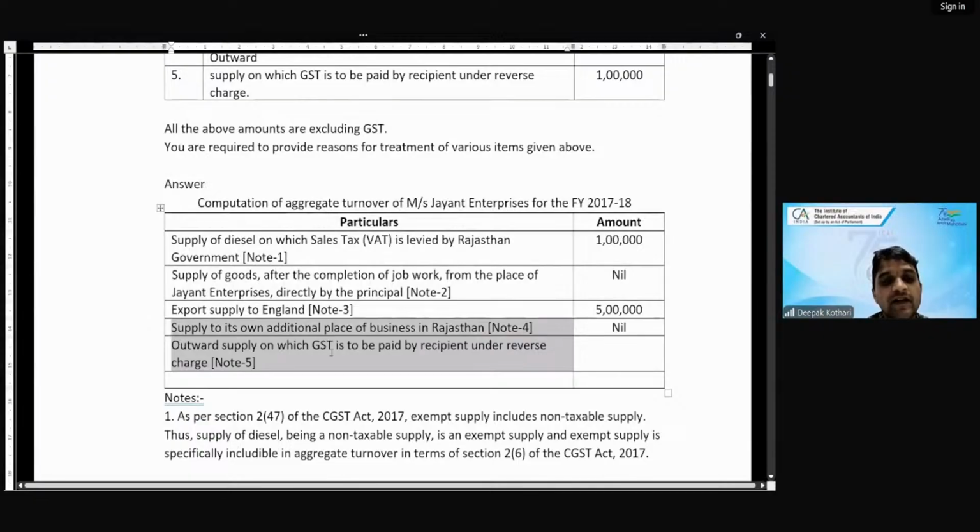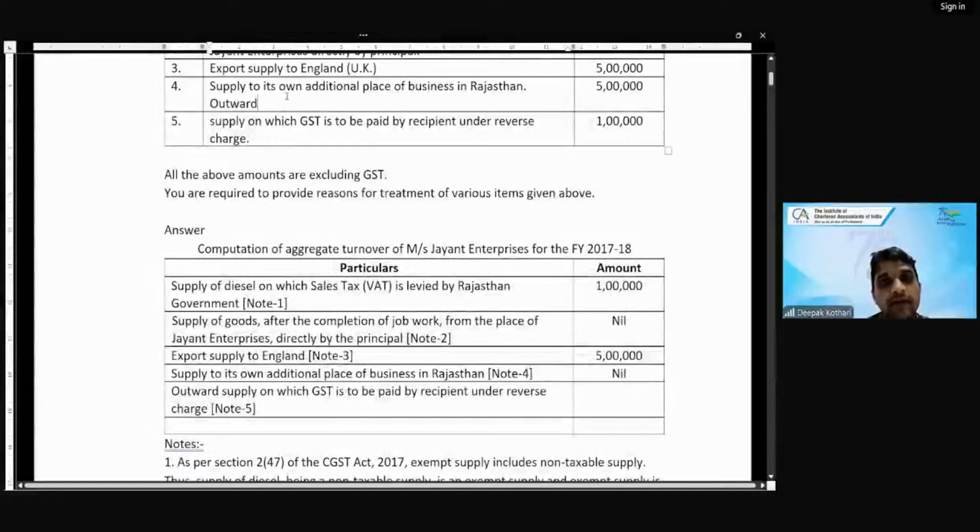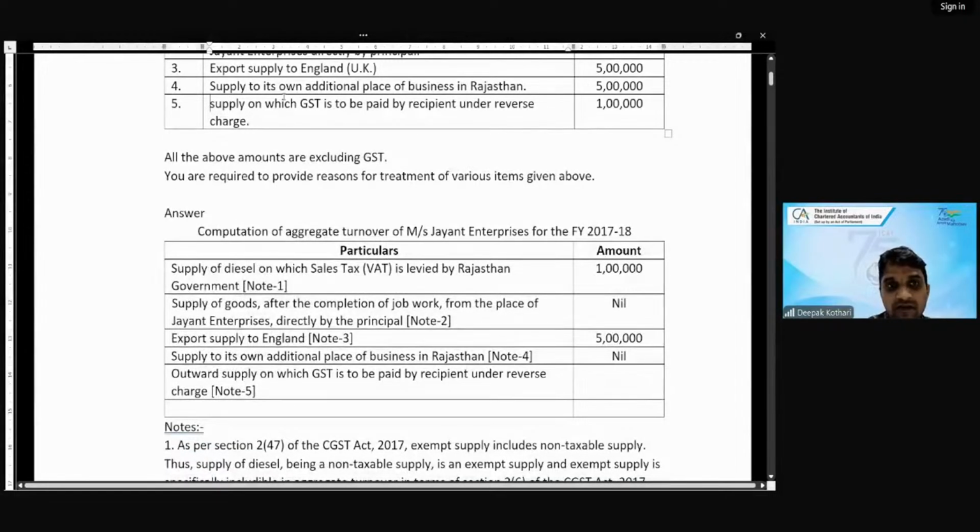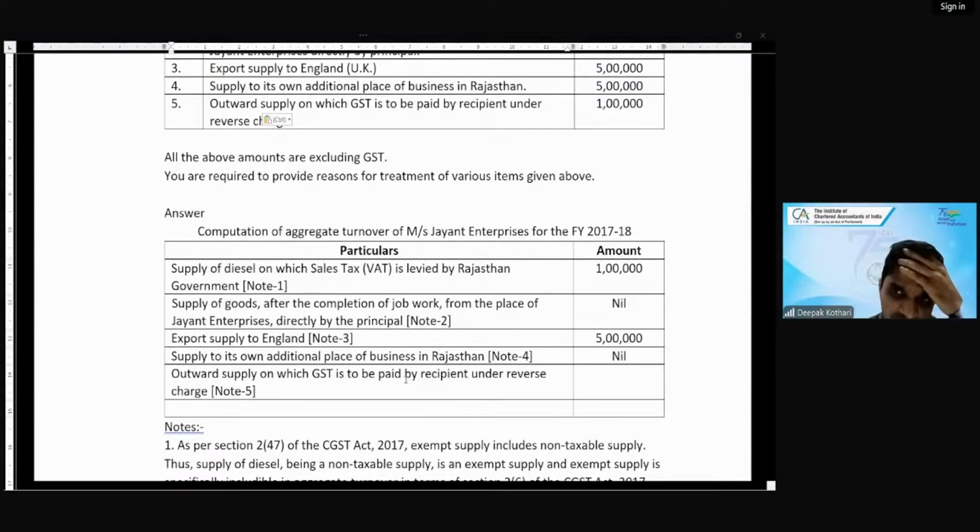Then the next aspect, outward supply on which GST is to be paid by recipient under reverse charge basis. Included in supplier's turnover.